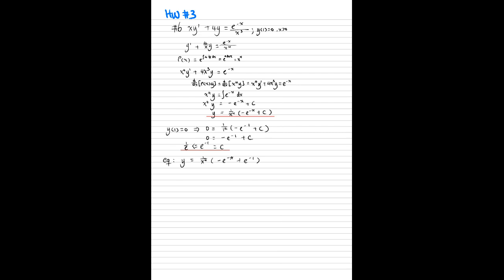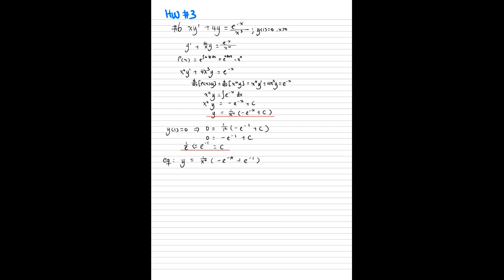Then I notice that d over dx of rho of x times y gives the expression above, x to the fourth times y prime plus 4x cubed times y, equal to e to the negative x.